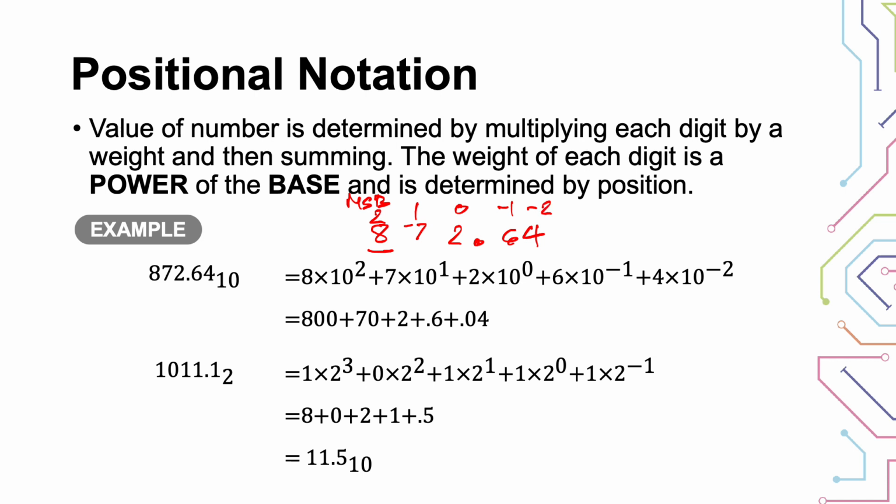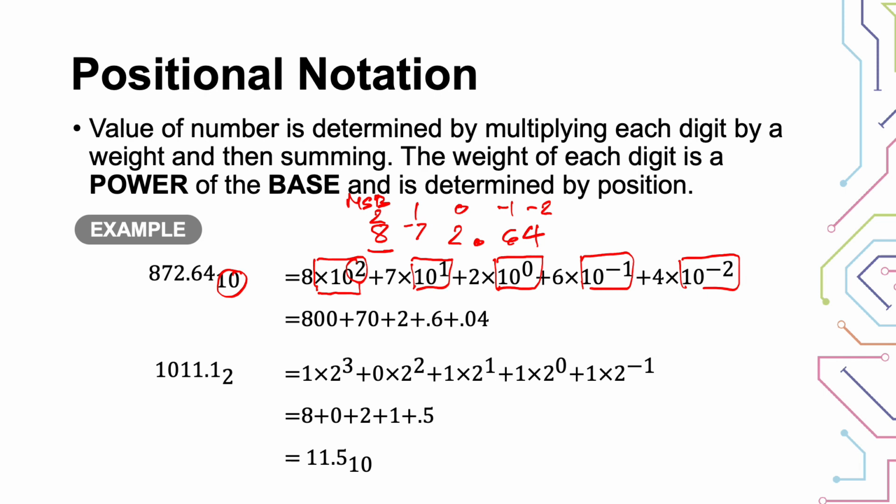To work this out, we have here 8. As you can see, the exponent that we use here is 2, and the base we used is 10. The same case with the 7 here, and the 2 here, and also the 6 and 4.